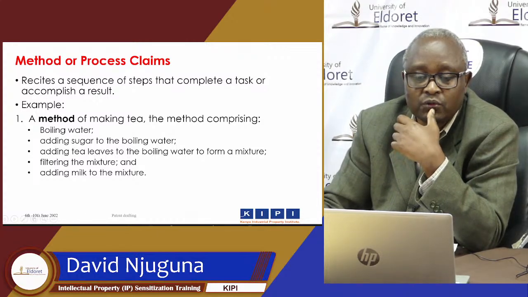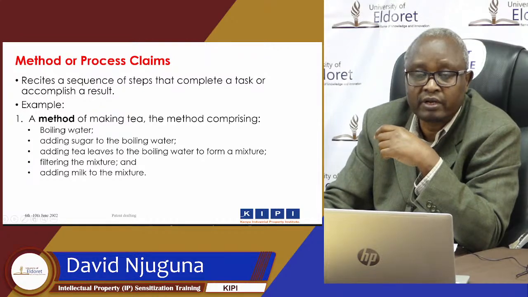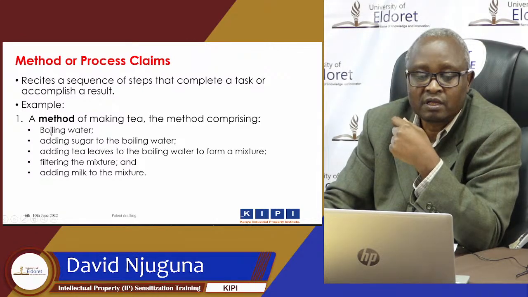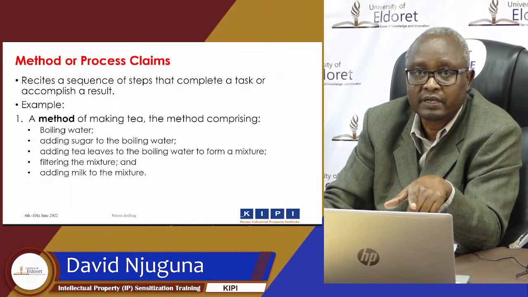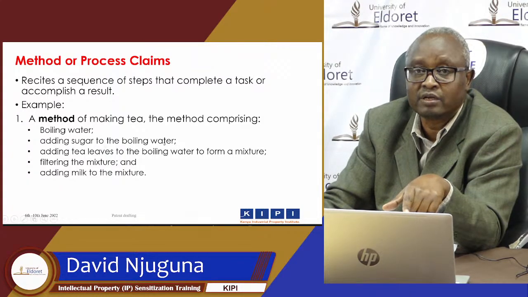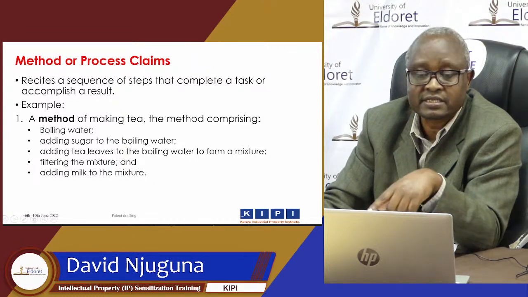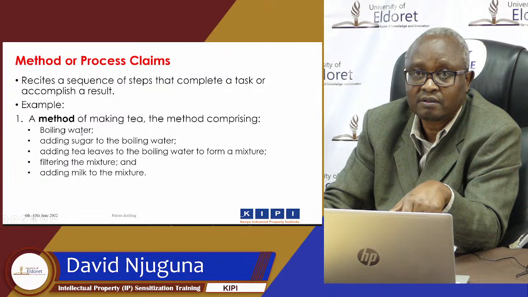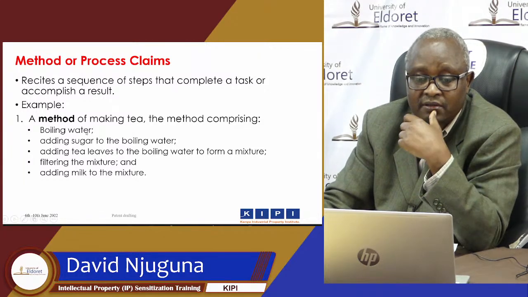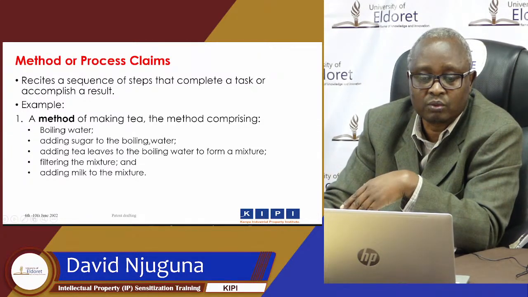And one thing you got to note is the connection, the relationship you are creating. You have boiled water. The next step, you add sugar to the boiling water. So you have connected the second bullet with the first one because of that relation you created. What is being added to the boiling water?